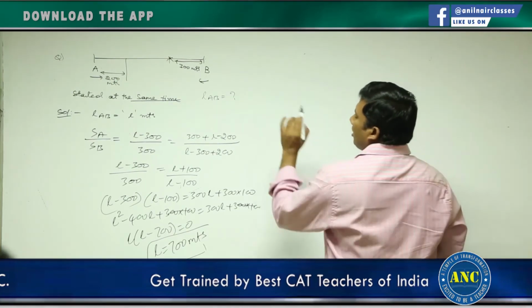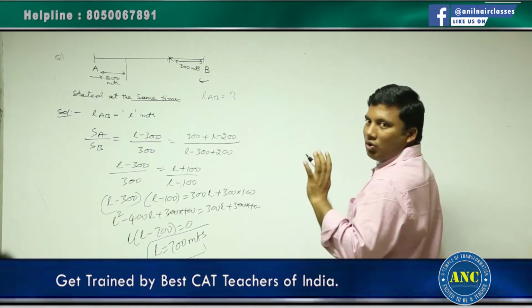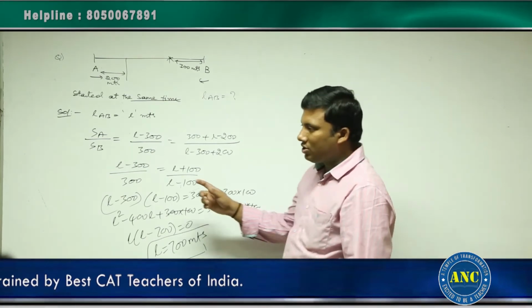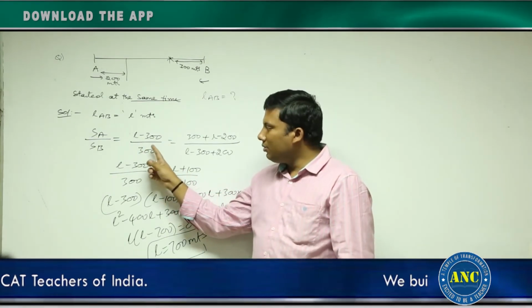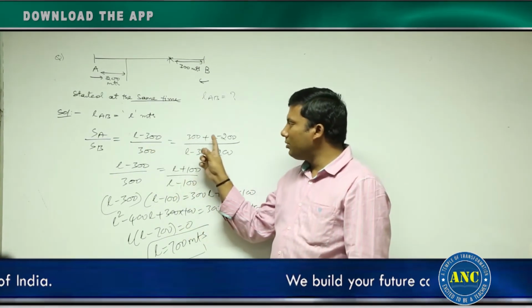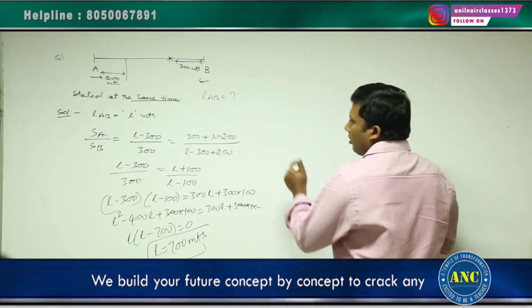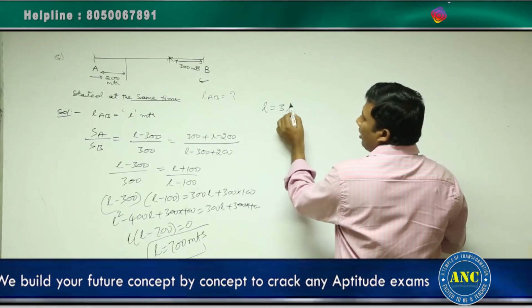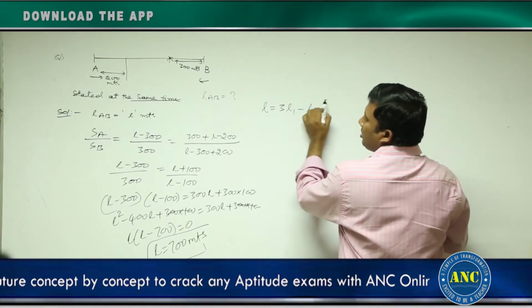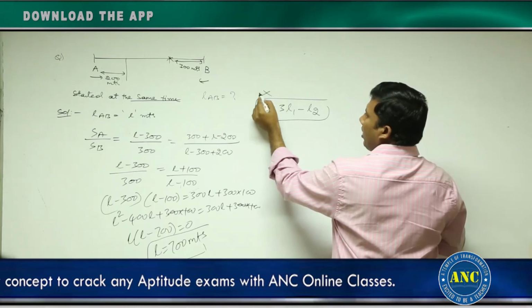If I consider 300 as L1 and 200 as L2, what will be the equation? (L minus L1) by L1 is equivalent to (L1 plus L minus L2) by (L minus L1 plus L2). That conclusion will give you L equivalent to 3L1 minus L2. Please put a star mark.